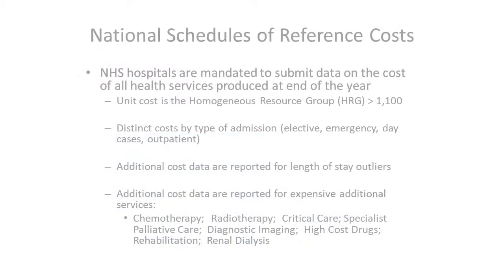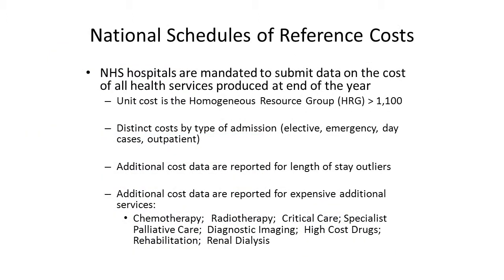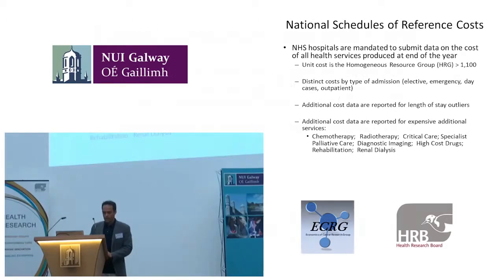Okay. So the national schedules of reference cost is the source we have used for costing the healthcare pathways. So in England, all NHS hospitals are mandated to submit information about the cost of the care they provide every year.